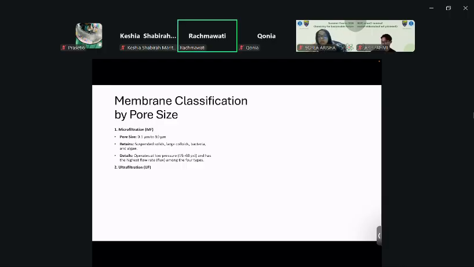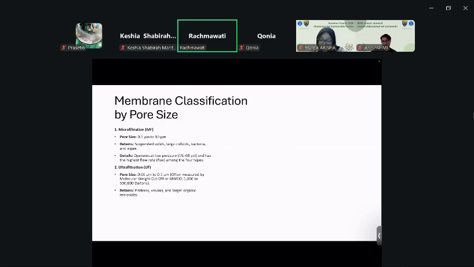The second one is the ultrafiltration. Its size becomes smaller, from 0.01 to 0.1 micrometer, and the MWCO here is around 1,000 to 500,000 Daltons. So if I say 1,000 Dalton, it means 1,000 gram per mole, right? So 1 Dalton is 1 gram per mole.